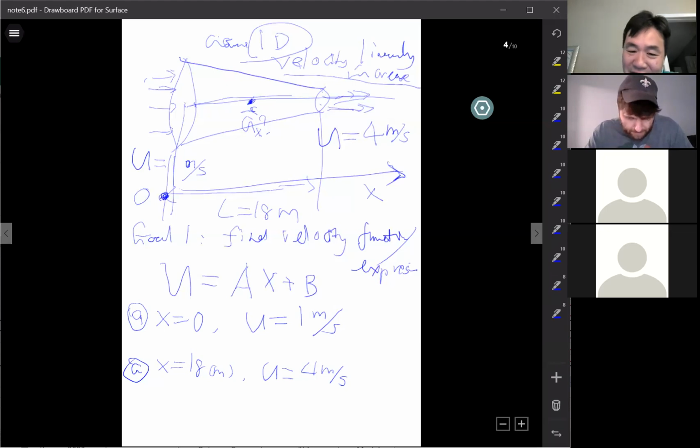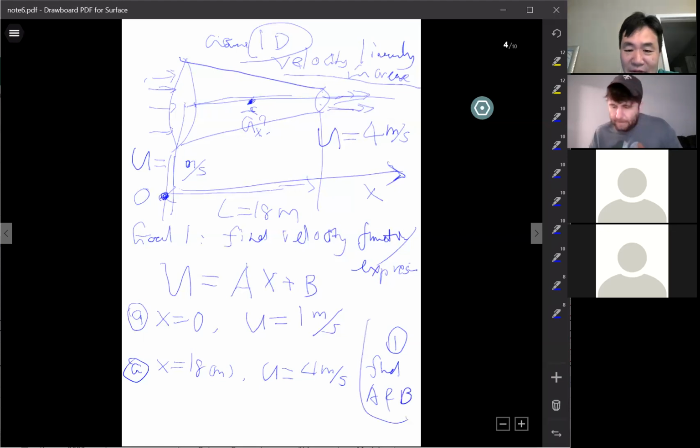That's the first task of the quiz. Find a and b. Go ahead, do it now before we continue to the next step. Substitute. A equals what, b equals what, I want you to find.